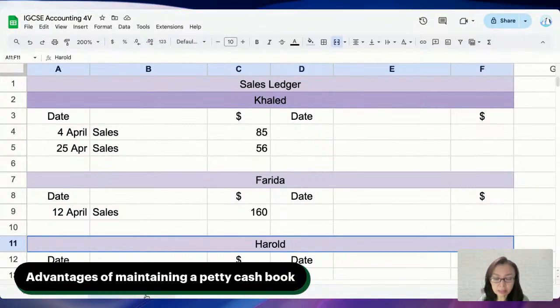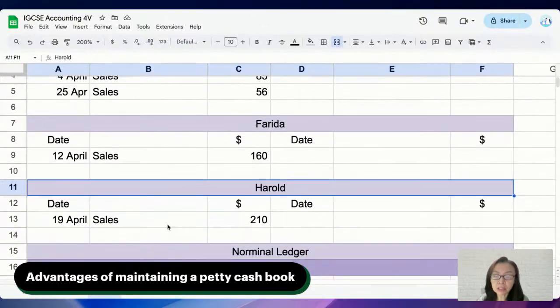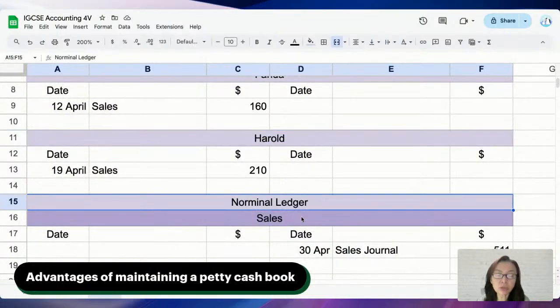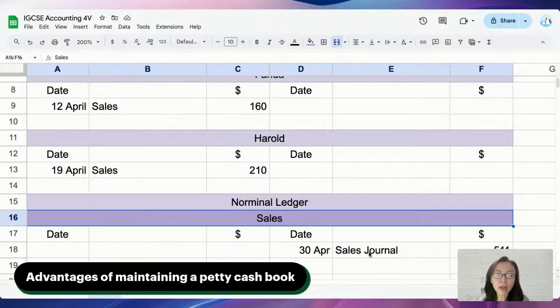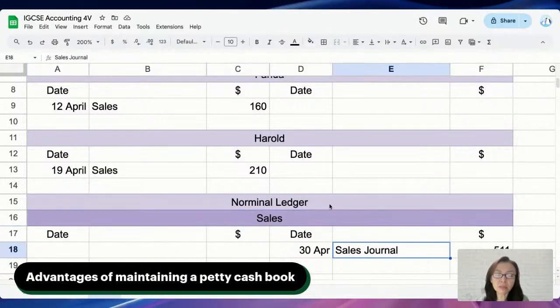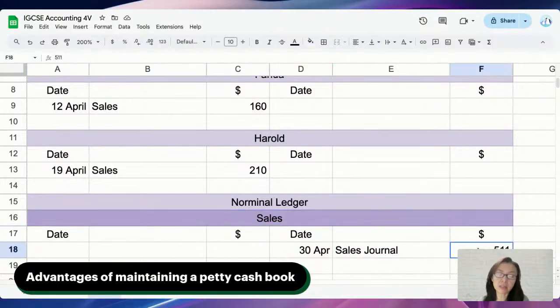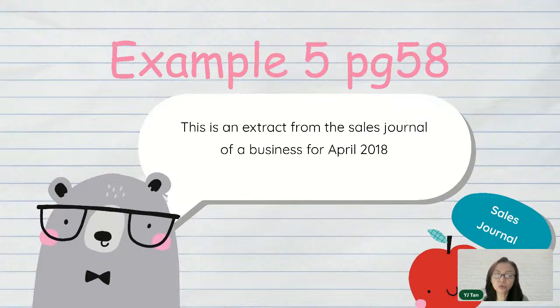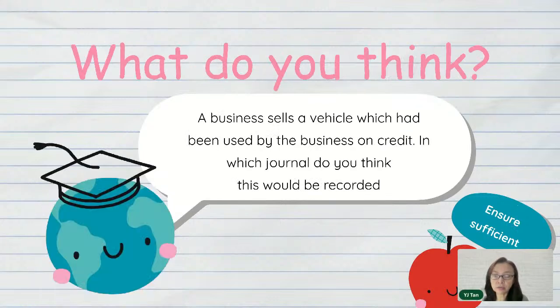At the same time, I must transfer the total into the nominal ledger account, which is named sales. So we are learning up to this process. I hope this is clear to you. Let's go back and continue the topic for this video.